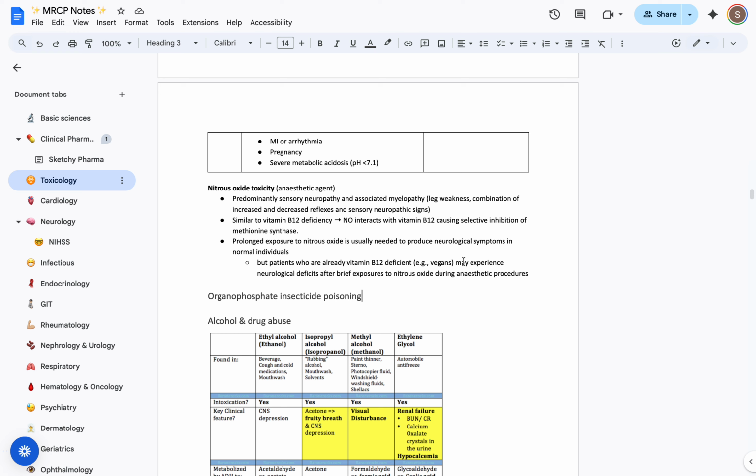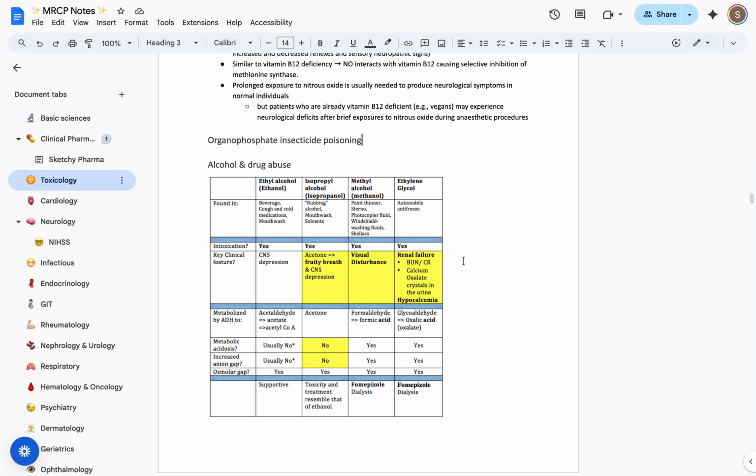So it happens in dentists. Dentists use nitrous oxide a lot for anesthesia for their patients. So they may inhale a lot of it and then get chronic toxicity. And they will experience neurological symptoms like muscle weakness, sensory abnormalities, etc.